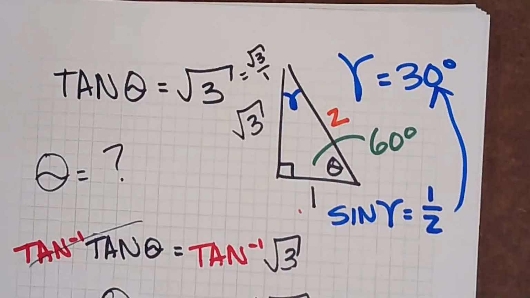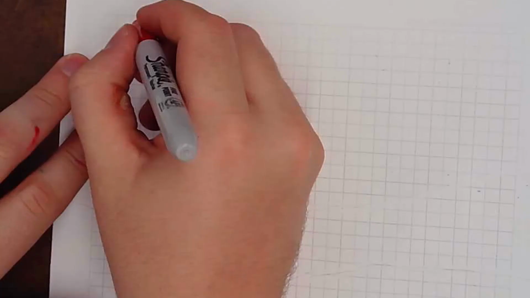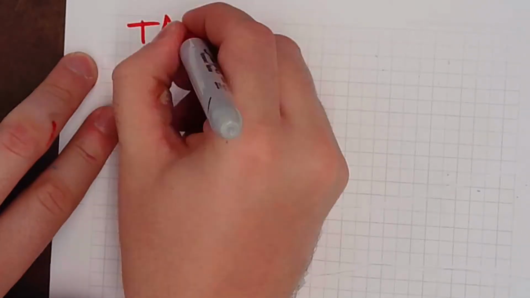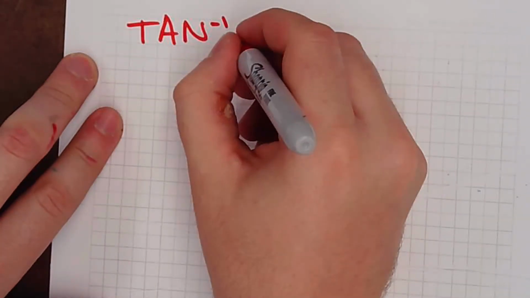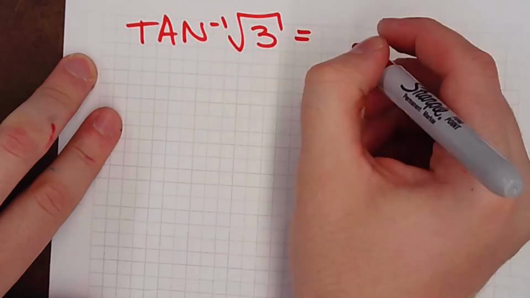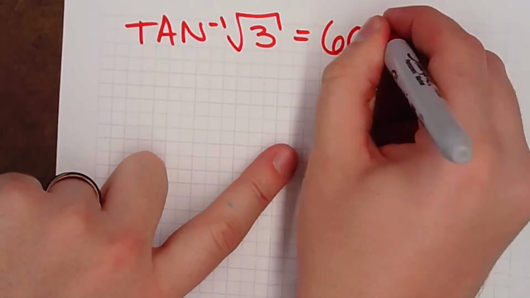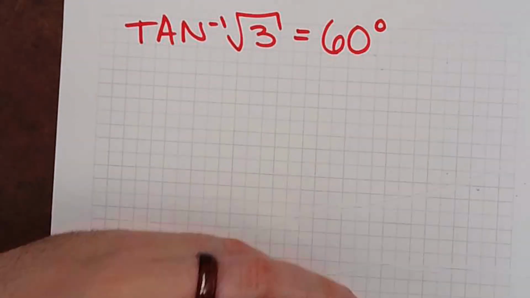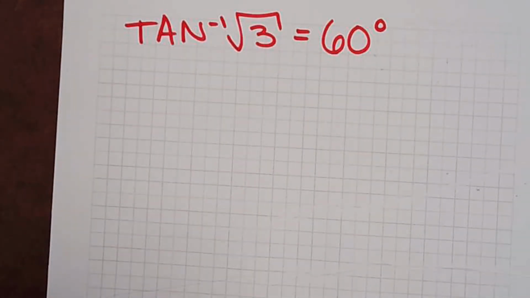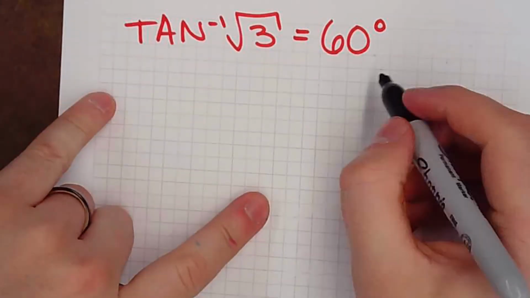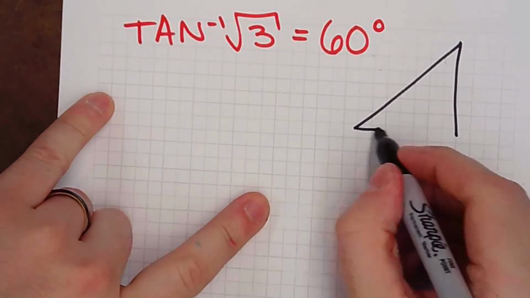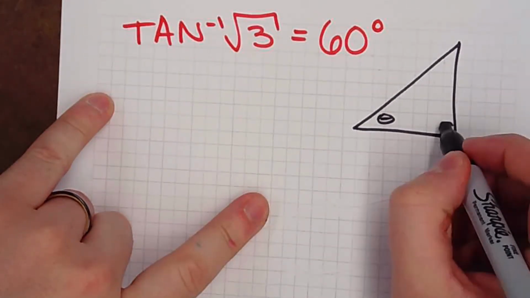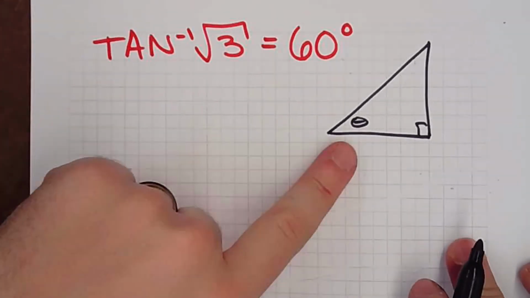Let me show you what I mean a little bit more clearly. If I tell you that the tangent inverse of root 3 equals 60, and it does, you can check it. Draw your little triangle. We've got theta.